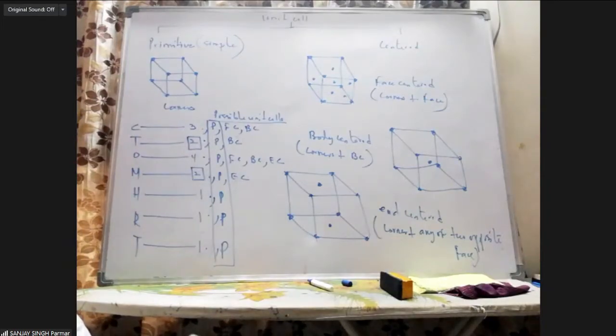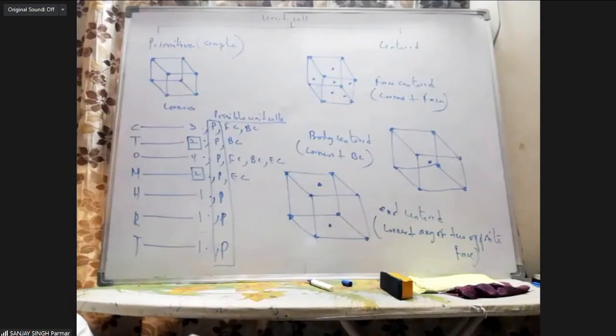First one, cubic, the example is zinc blende, sir. For tetragonal, white tin. For rhombic, it is rhombic sulfur. Very good. Monoclinic, it is monoclinic sulfur. Correct. Hexagonal, it is graphite.